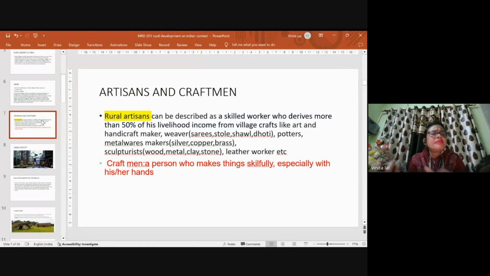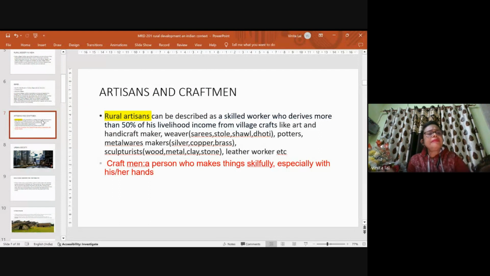Handicraft makers, weavers, and makers of sari, stole, and dhoti are all artisans. A craftsman is a person who makes things skillfully, especially with hand. An artisan is skilled in an applied art and makes a distinctive product in small quantity, and a craftsman is a sort of amalgam of both. Yet artists like David Hockney and Hokusai are called craftsmen, and an artisan can be anyone from a baker to a silversmith making a candlestick.